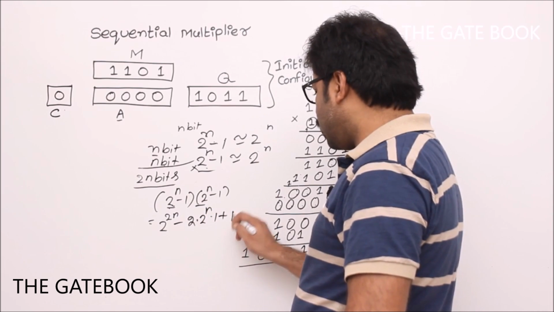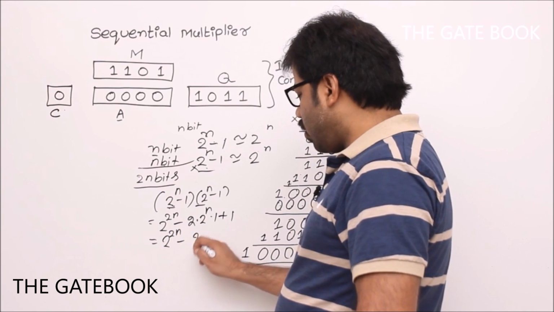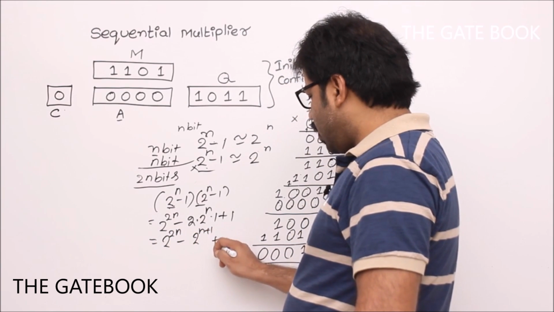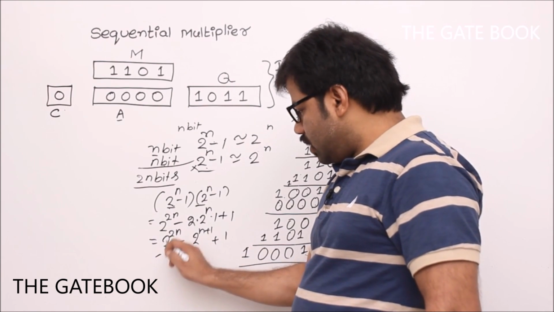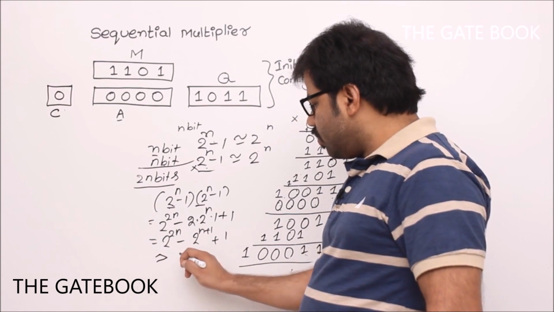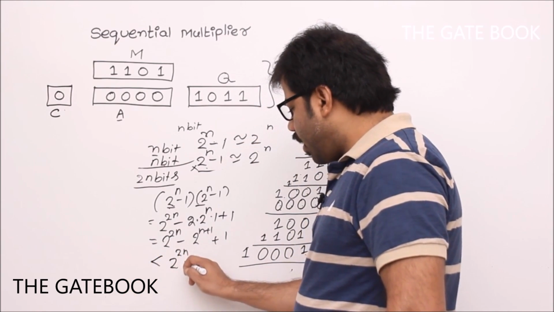So it would be 2 to the power of 2n minus 2 to the power of n plus 1 plus 1. So this value is definitely less than 2 to the power of 2n minus 1.